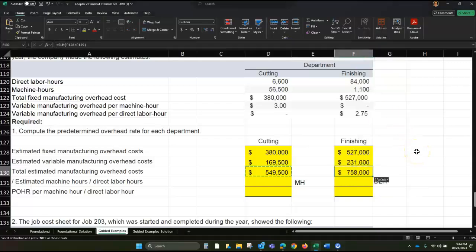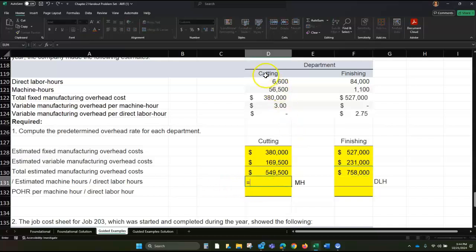We'll copy and paste those over. Now, again, we're trying to determine the predetermined overhead rate. So now, in the cutting department, we pick up total cost and divide by machine hours.